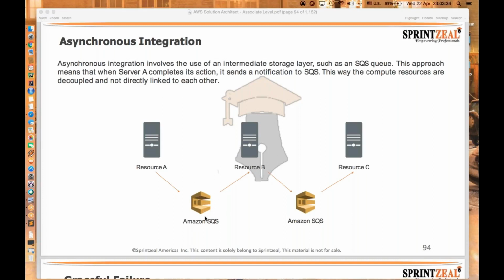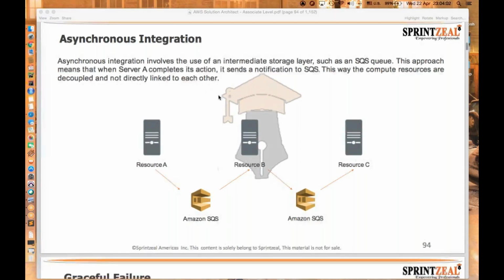So if you have 10 requests pending in Amazon SQS, it knows to which resource the request has to be sent based on the availability of the resource. Resource A will not have a direct connection with resource B. It will route it through SQS, which we have kept under the configuration. So this is how asynchronous integration works here.